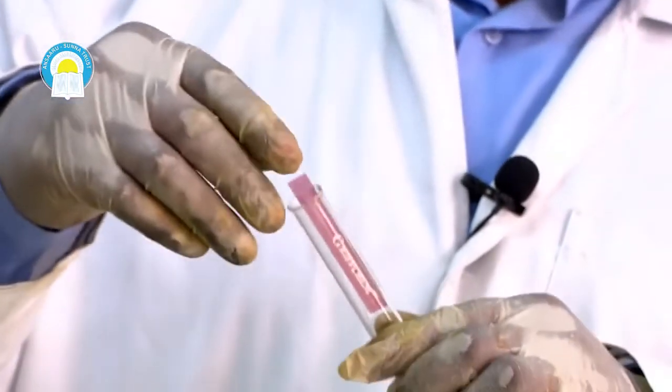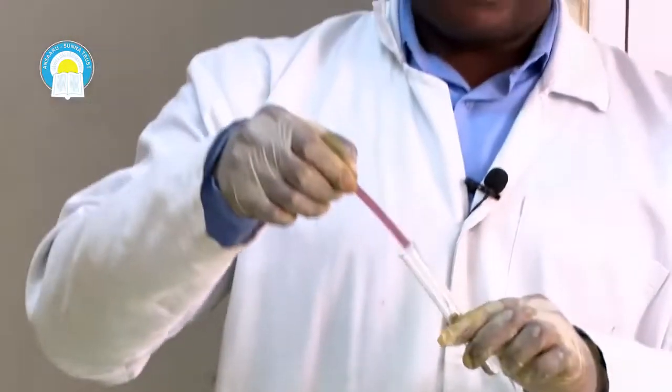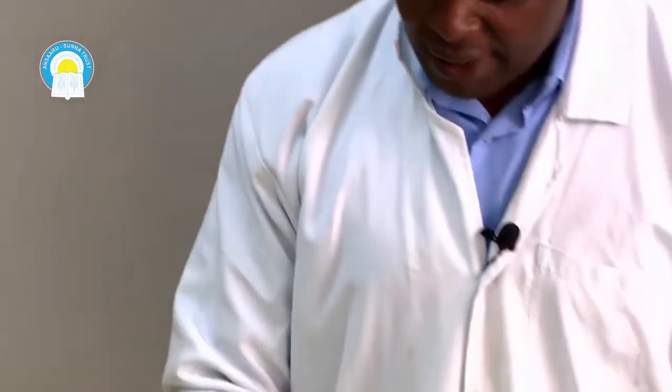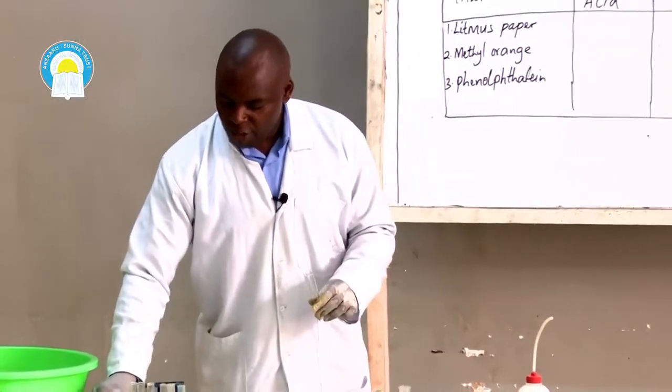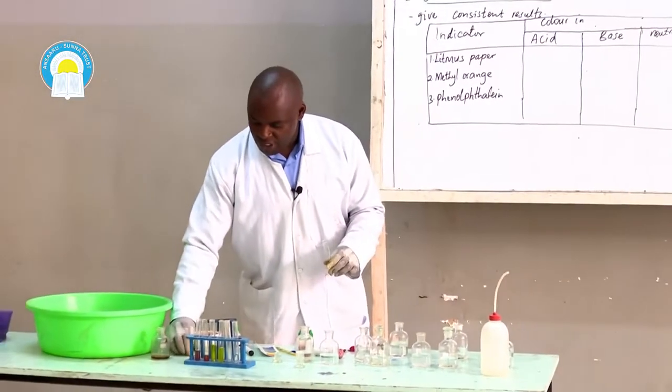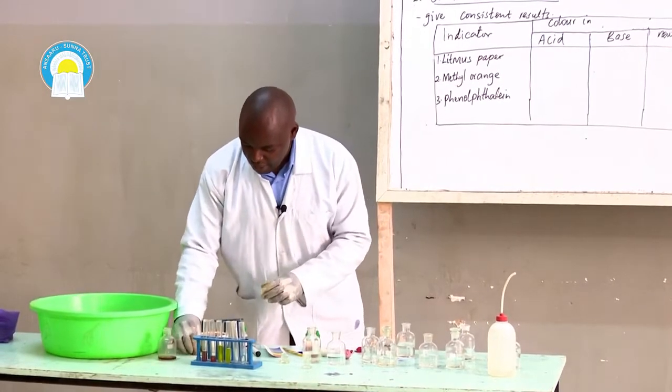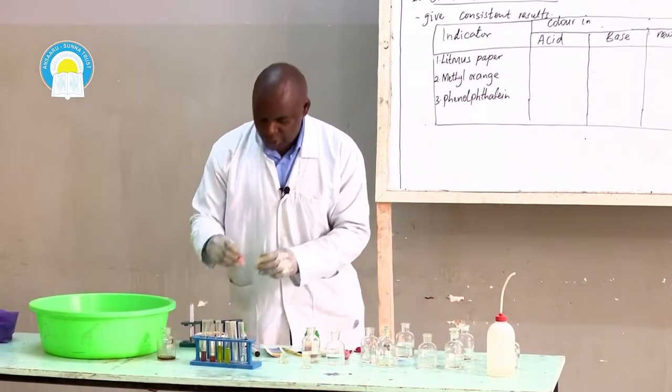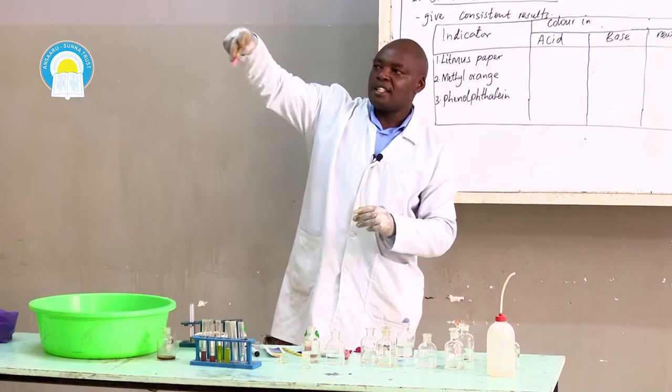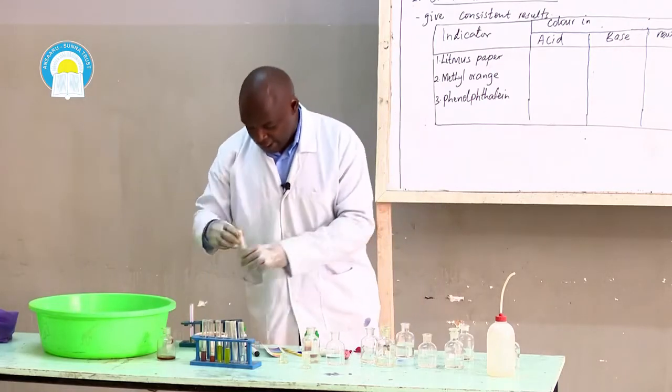Yeah, you can see the litmus paper has turned red. So it means that for litmus paper, if the solution is acidic, the litmus paper will turn red.